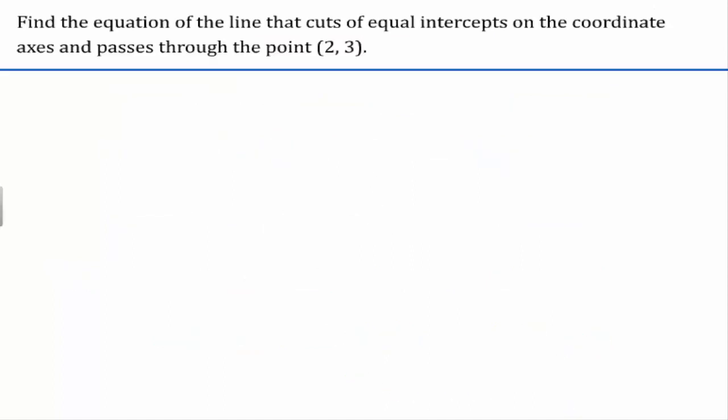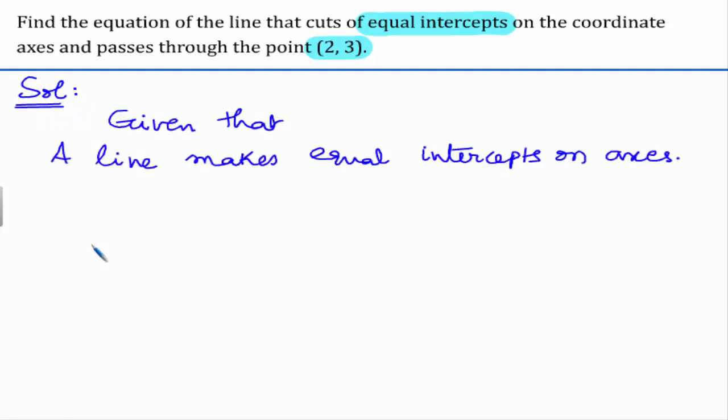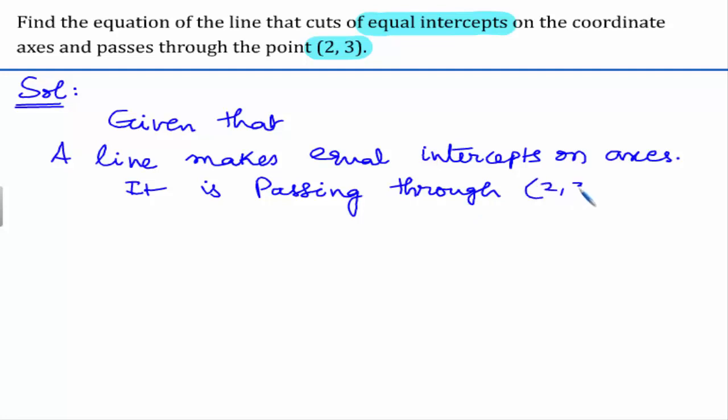In this question, we need to find the equation of a line that cuts equal intercepts on the coordinate axes and also passes through the point (2, 3). Let us see the solution for this. It is given that a line is making equal intercepts on the coordinate axes and it is passing through (2, 3).